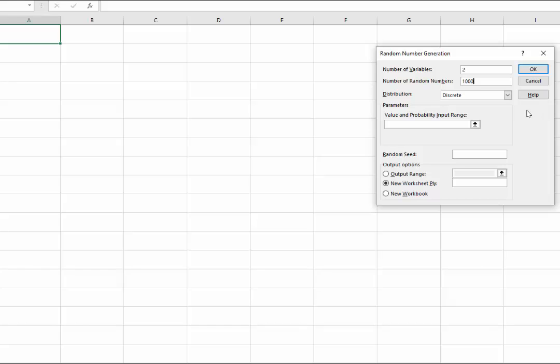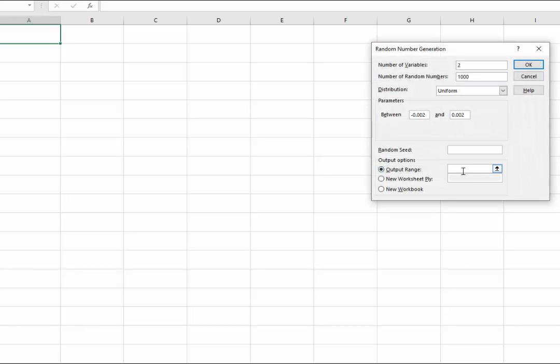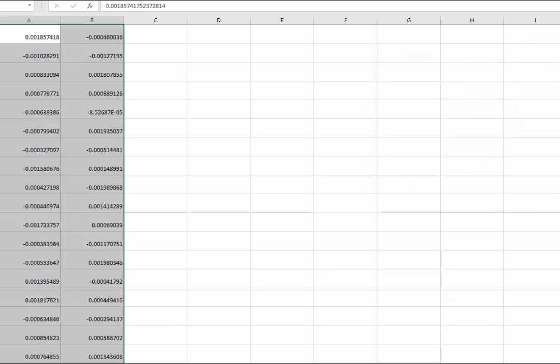And I am going to take them between negative 0.002 and 0.002. And notice that we are really not taking it in a disk. This is actually a square, which is much bigger than that disk, but let's see what it gives us for those values. Okay, so here we go, and these are just too small, so let me make them bigger and bolder. Okay, so there they are.